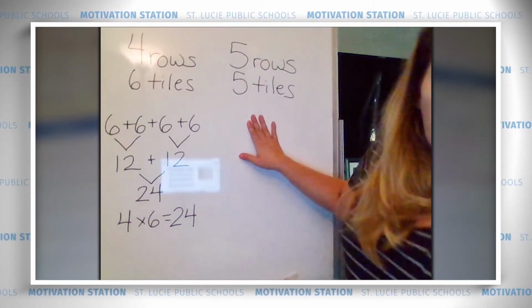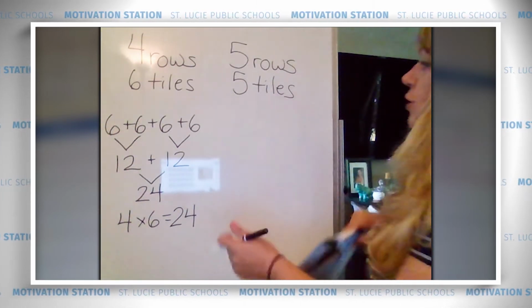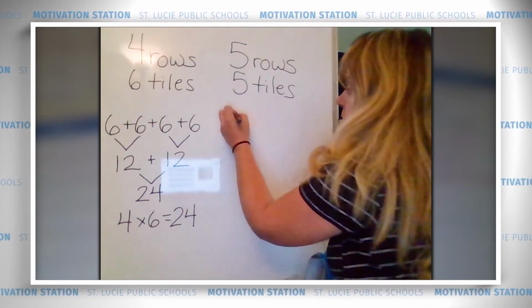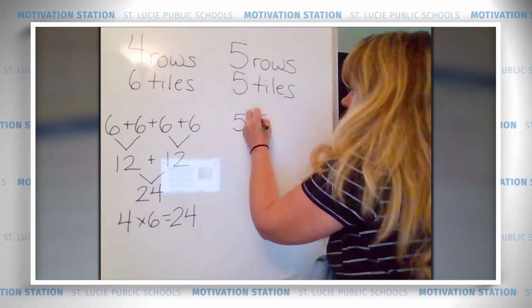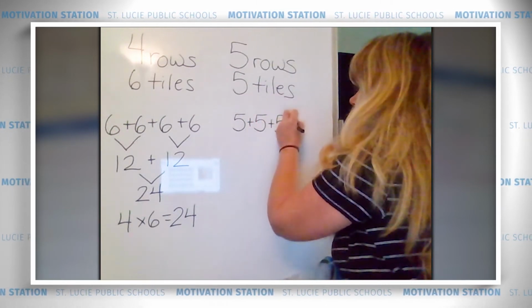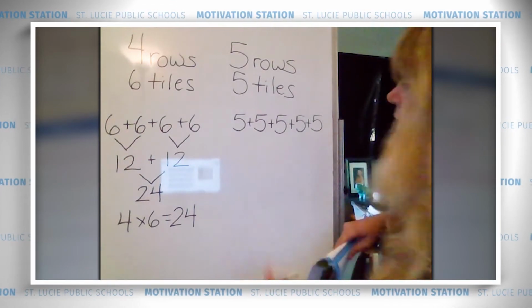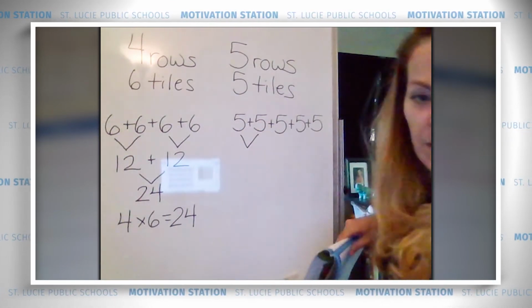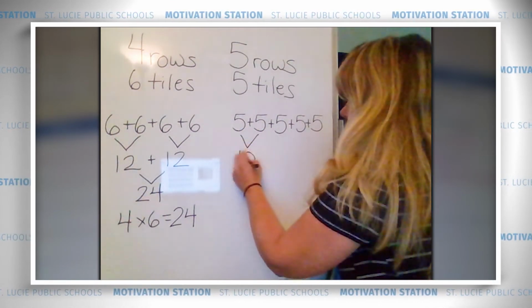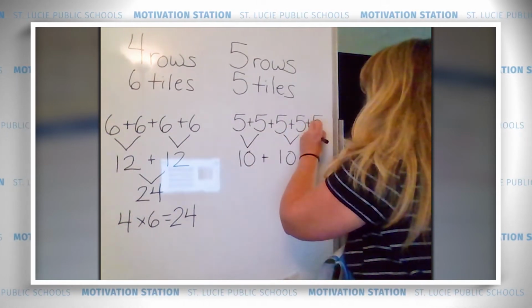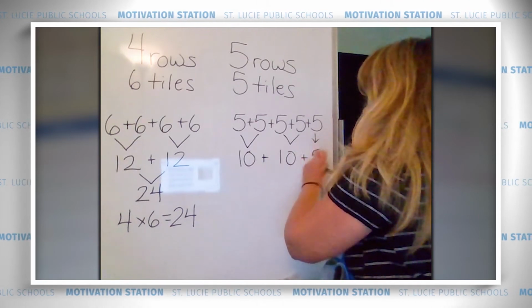Okay, now I'm going to do my second problem, my second picture. So I'm going to do 5, and I'm going to repeatedly add it 5 times. 5 plus 5 plus 5 plus 5 plus 5. You should be writing this in your workbook. 5 and 5 is 10, plus another 10, plus another 5.